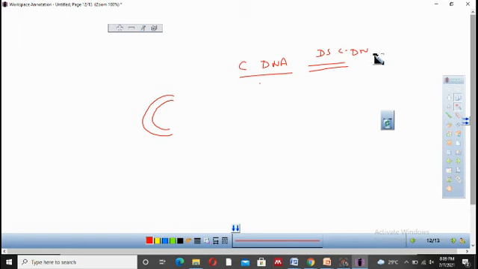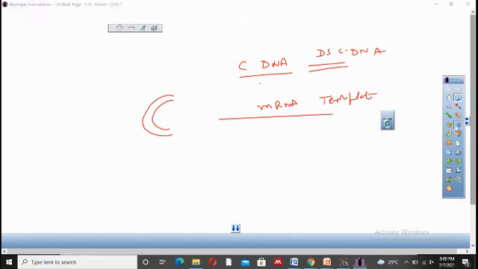So how is this synthesized? Let us take this mRNA, which will act as a template, and this strand is synthesized.